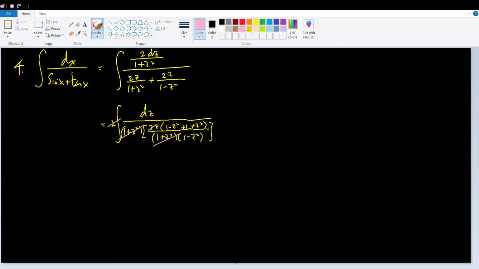Alright, so we have now dc over c and then 1 minus c squared plus 1 plus c squared. c squared can also be cancelled: negative c squared plus c squared. So what remains here is 1 plus 1, or 2.